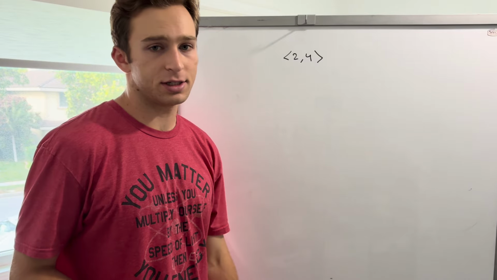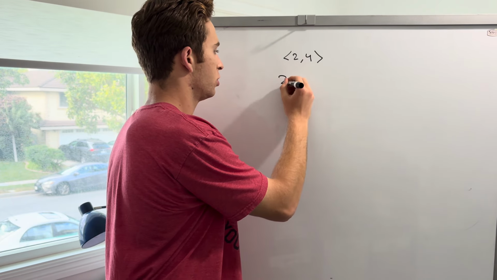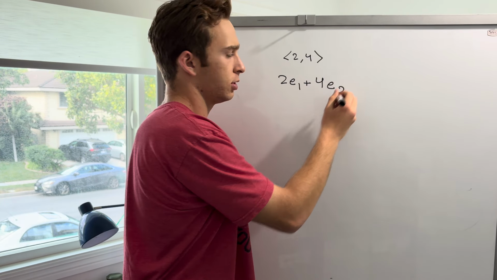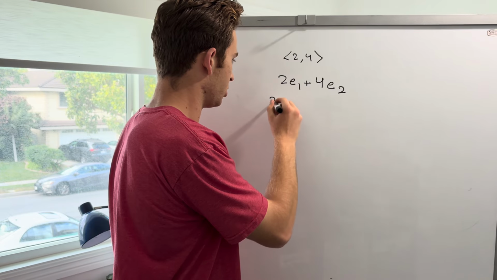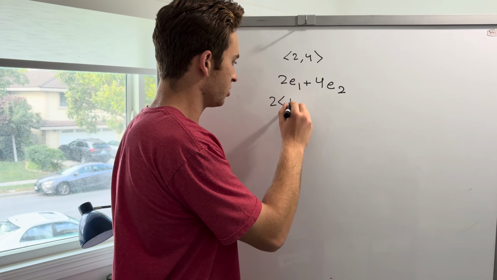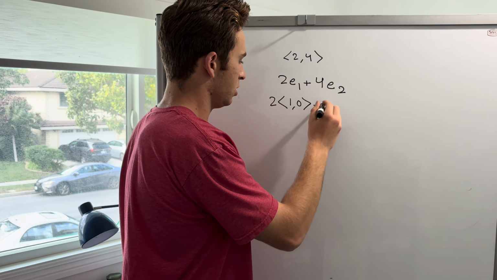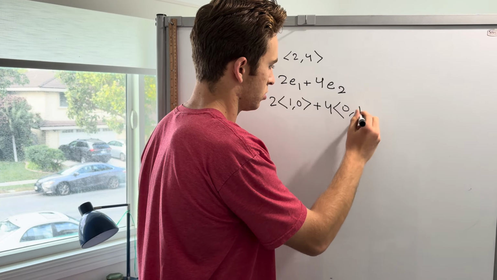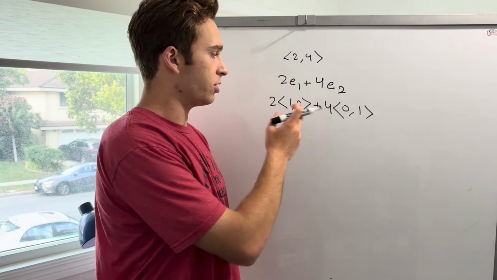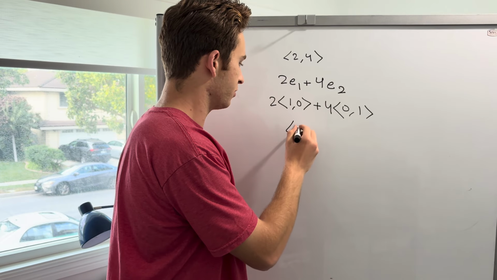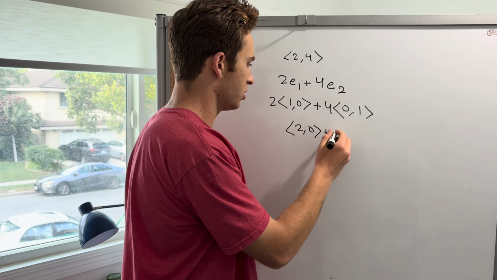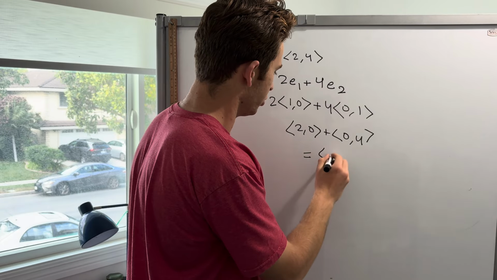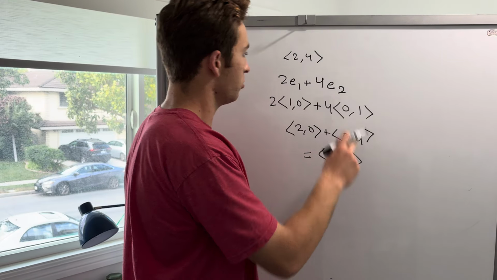I can express this as 2e1 plus 4e2. And just to check that, I can plug in my basis vectors like so. And obviously, the 0 terms go away, and I just have 2, 0 plus 0, 4, which equals 2, 4, which is what I got there.